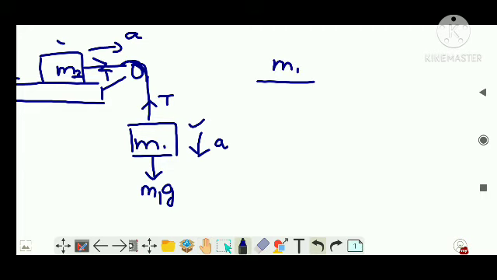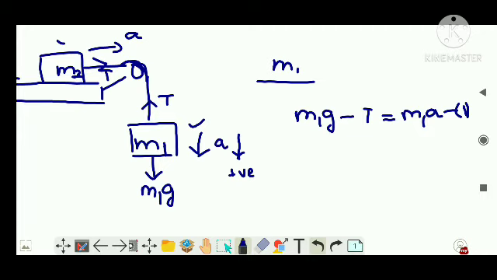So let's talk about m1 first. For its equation, the acceleration direction we take as positive. If acceleration is positive, then m1g is in the positive direction and tension is in the negative direction, hence m1g minus T is equal to m1a. This is our first equation.